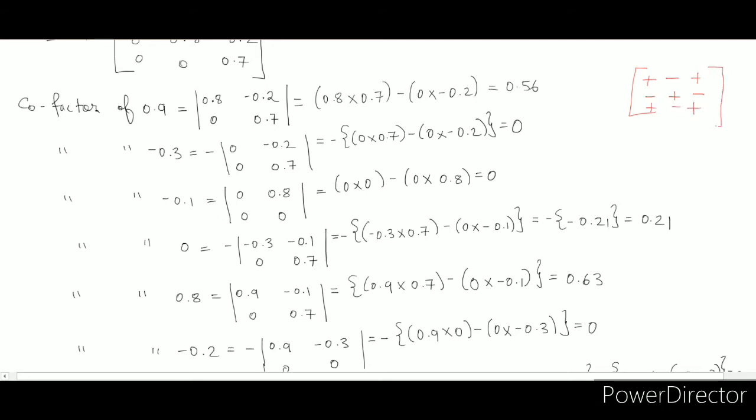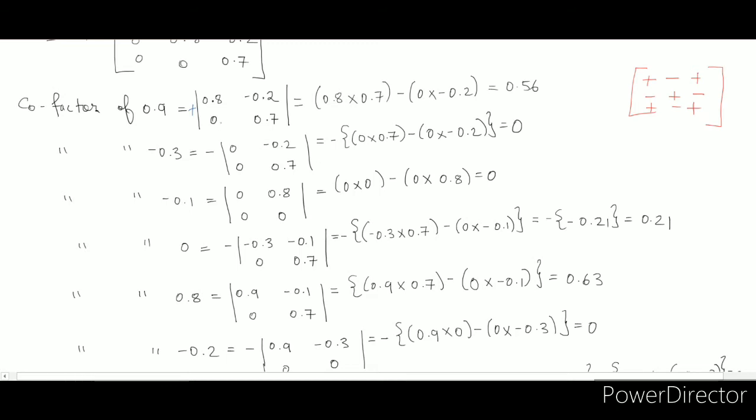These are the positional signs for each element. So 0.9, if you remember, is an element of the first row, first column, and if we add 1 plus 1, we get 2, which is an even number, so hence there's a positive sign, which means it will be preceded by a positive sign.